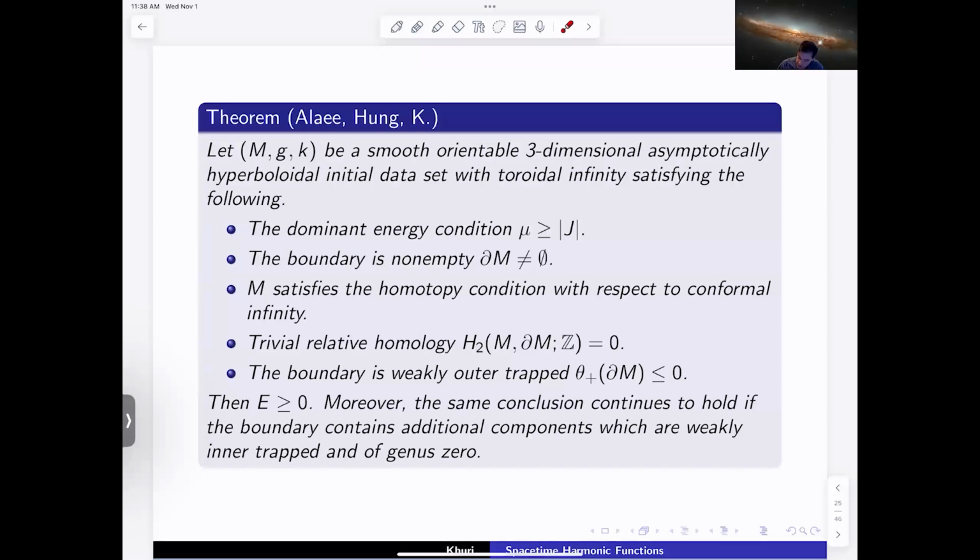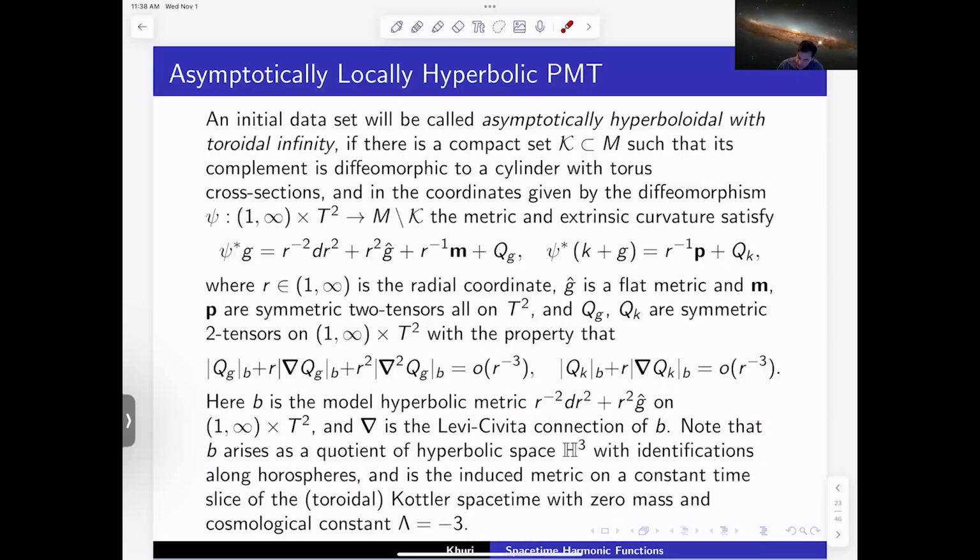Okay, I'll just say one word about these because this is related to a conjecture that should be hopefully proven sometime soon. So there are these exotic type of positive mass theorems where you can have an asymptotic infinity, say conformal infinity. This is asymptotically hyperbolic, locally hyperbolic, where the conformal infinity is a torus or some other genus surface. And take the simple type of asymptotics of the metric.